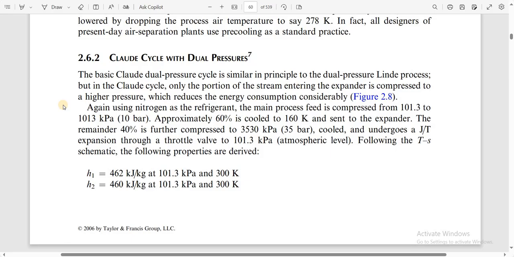Approximately 60% is cooled to 160 Kelvin and sent to the expander. The remaining 40% is further compressed to 3530 kilopascal, 35 bar, cooled and undergoes a Joule-Thomson expansion through a throttle valve to 101.3 kilopascal, atmospheric level.